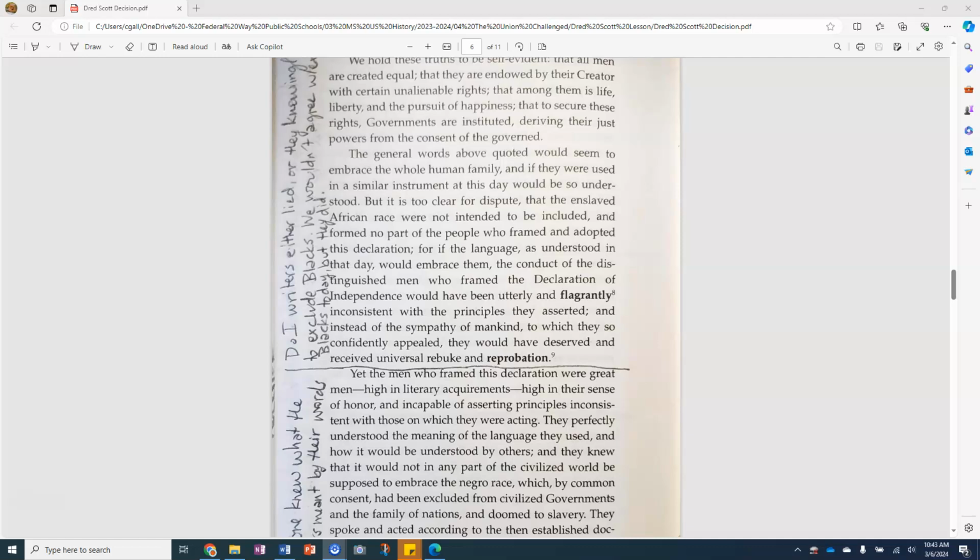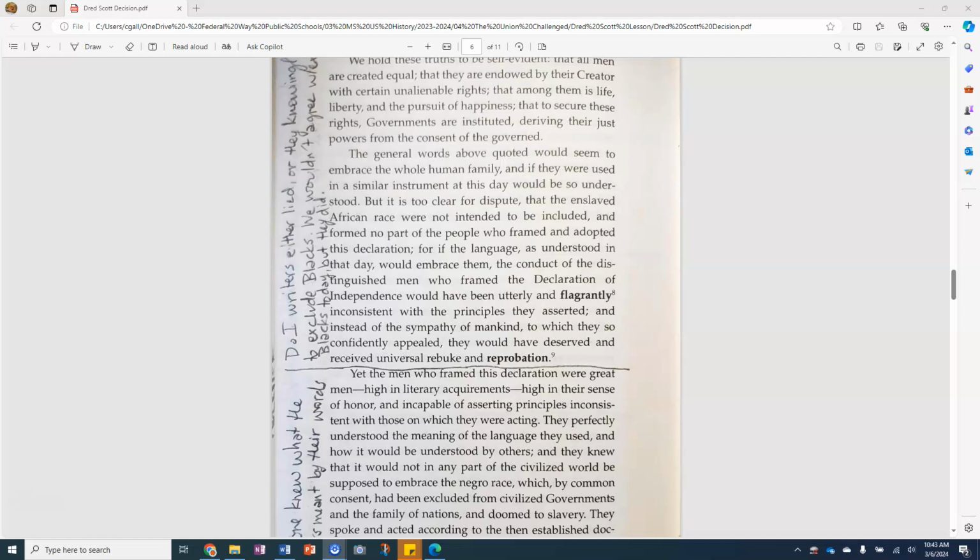Just knowing what I know about the Constitutional Convention and the discussions that were happening at the time, I think Taney's here taking a lot of liberties with what he's saying. And I definitely don't believe that this is what he thinks, right?